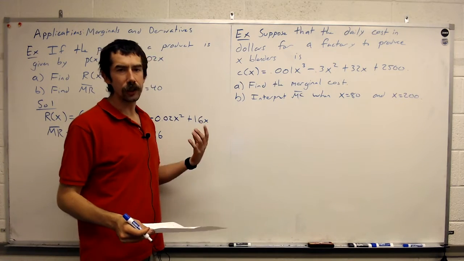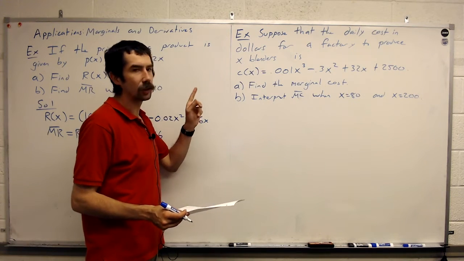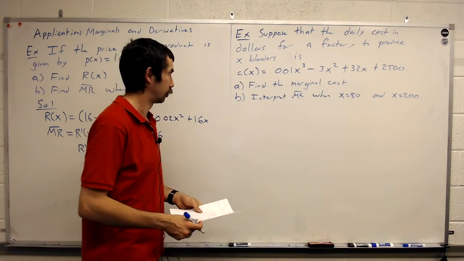All right, so the marginal cost, marginal anything, is the derivative. So let's take the derivative of our cost function.